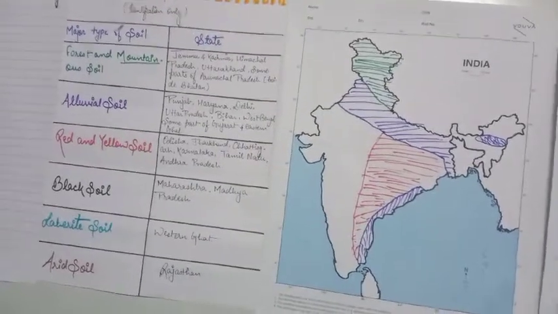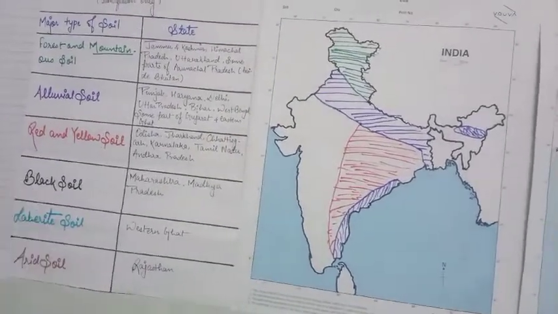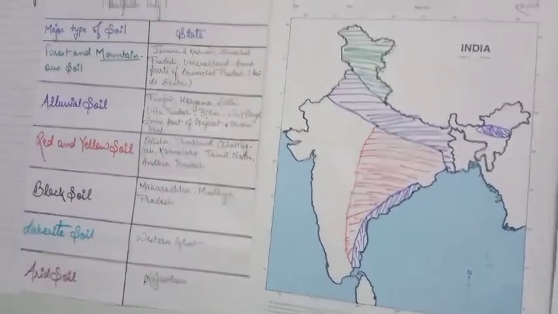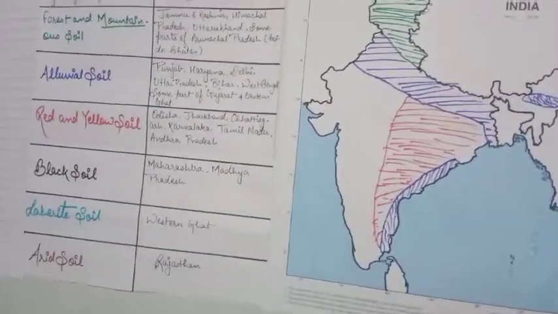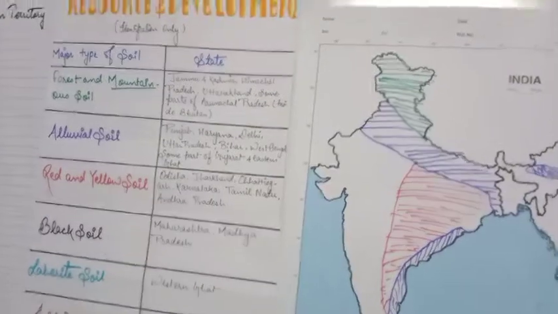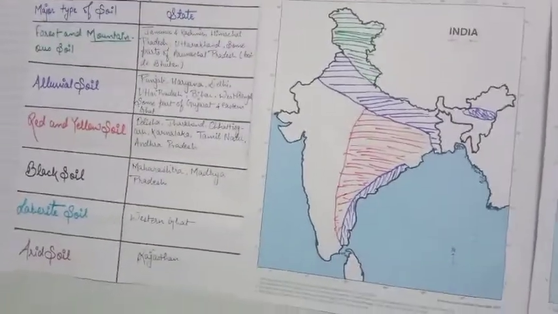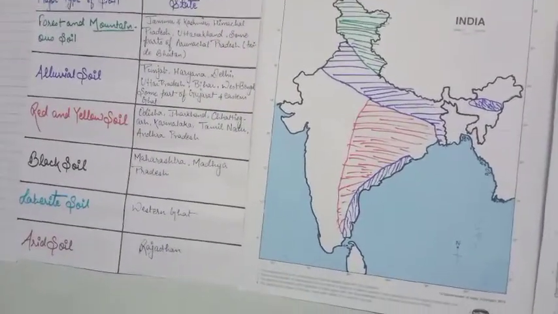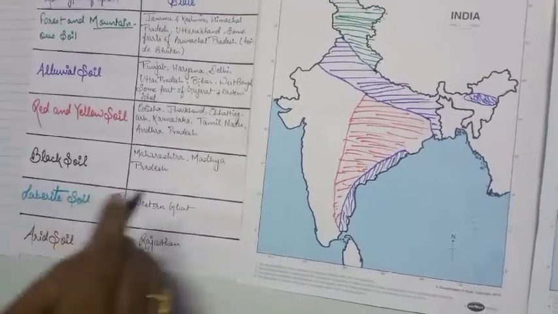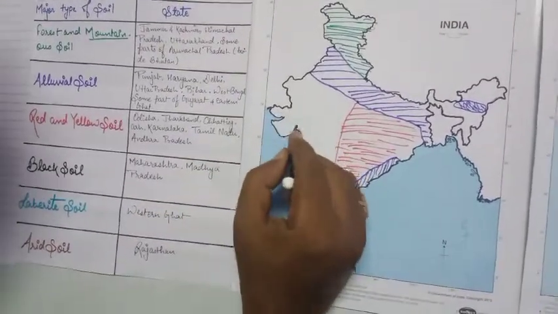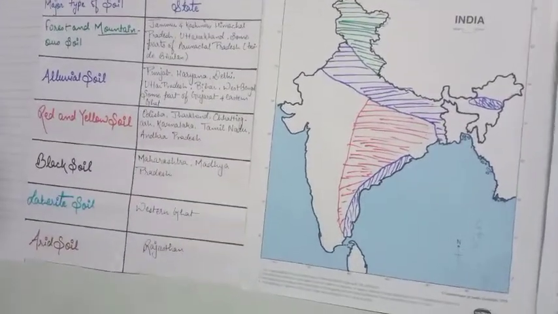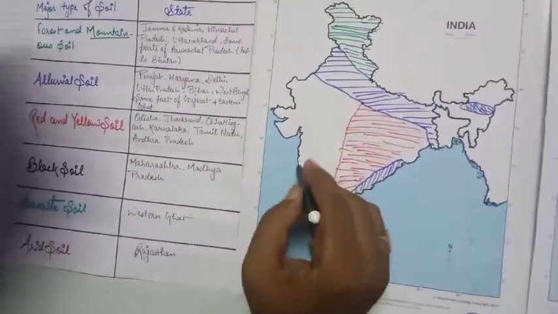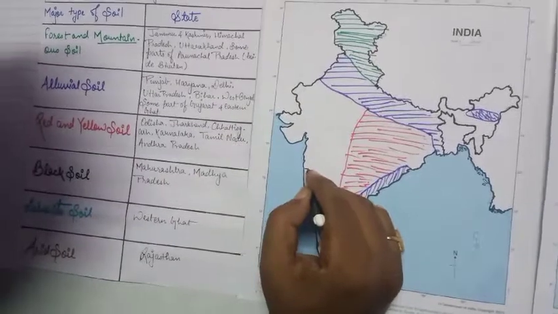Clear? Now come to the black soil. Okay, so where the black soils are available? So black soil is available only those areas where the cotton is produced, and most of the cotton industries are located in Maharashtra.